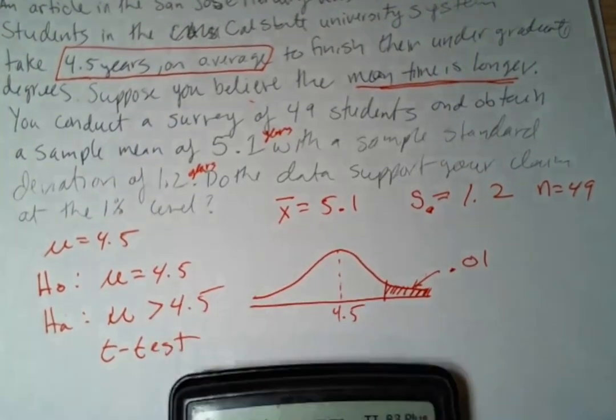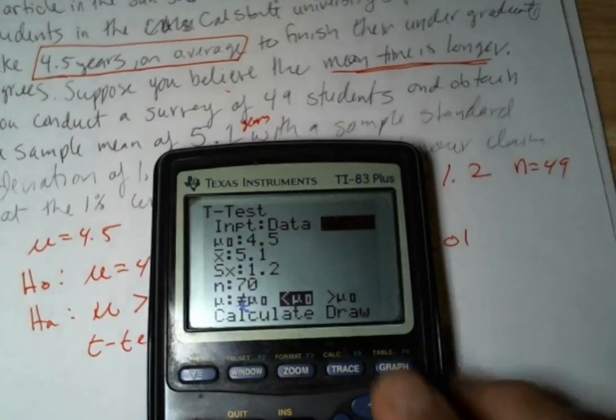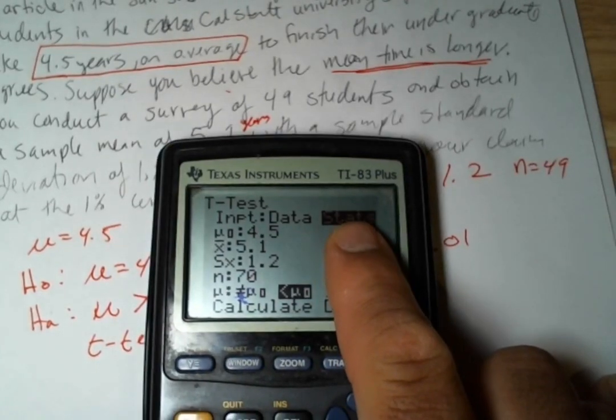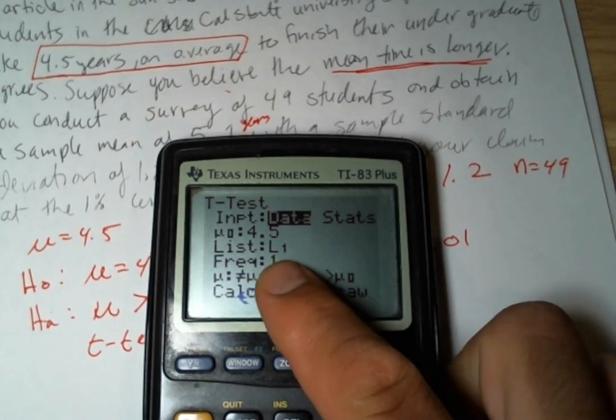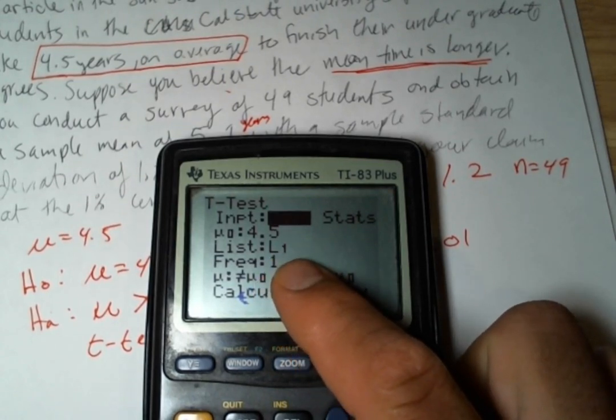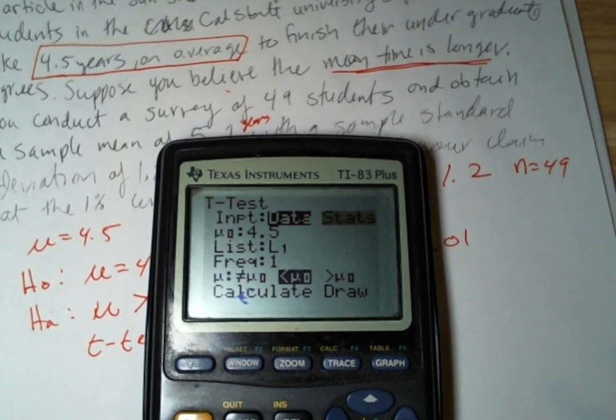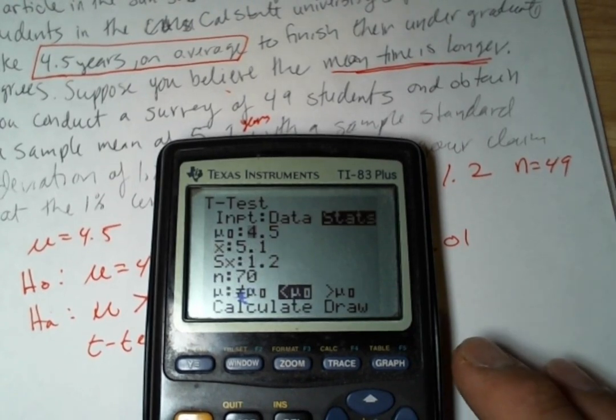They just give us the summary, and in this case, I'll highlight stats. If I go over data, it'll ask for what list it's in and a frequency list, but again, we don't have those values. So stats, all we have is the summary.